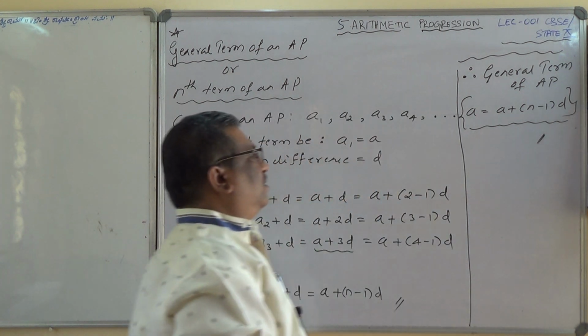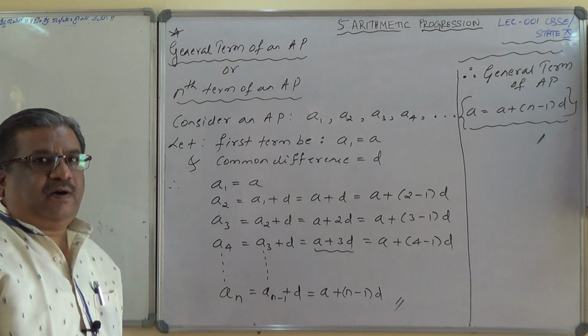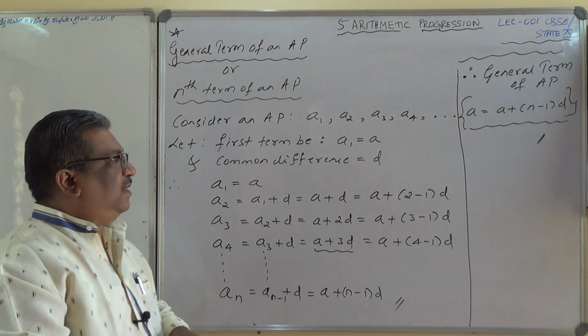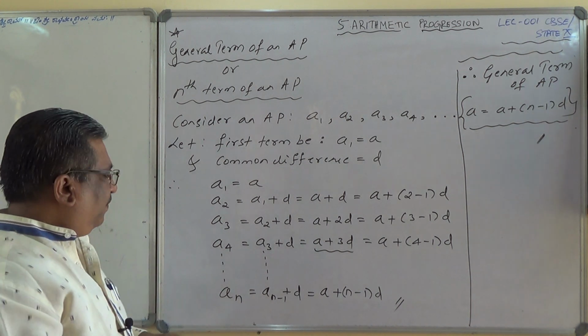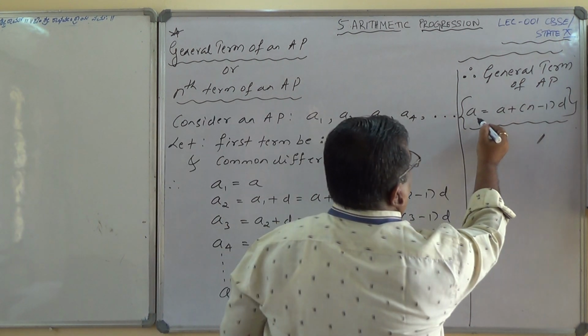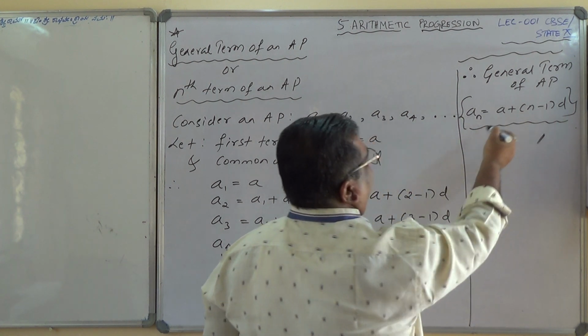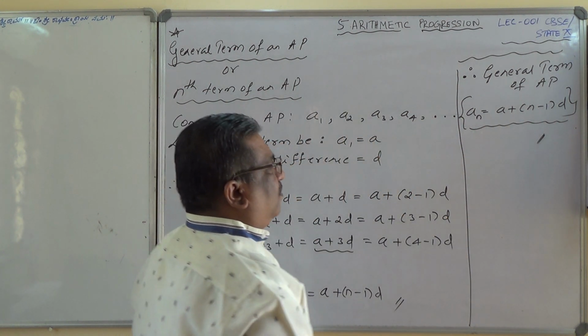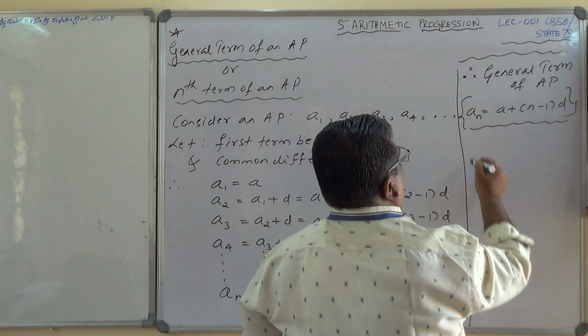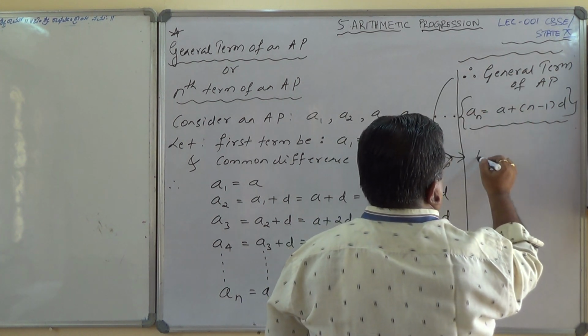I hope you have understood. This is how you can obtain it. General term is A plus (n minus 1) into D. An here, not A, An. An is the nth term. The general term is also called the nth term.